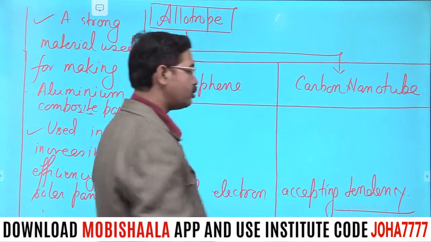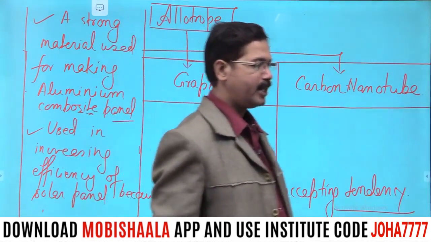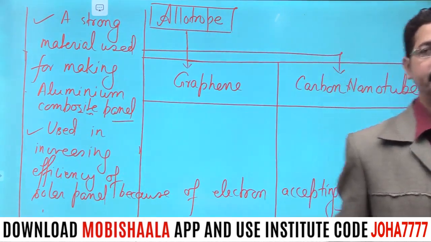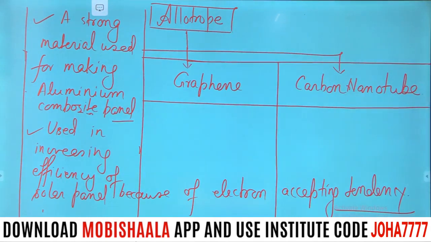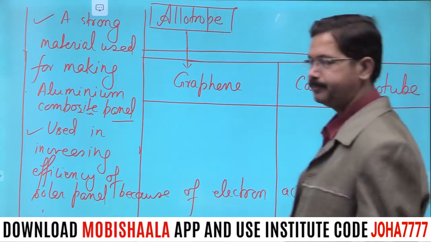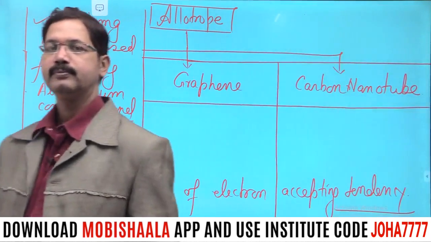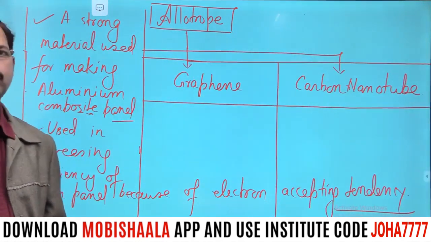It has the capacity to accept electrons, and because of this tendency, it is used for making efficient solar panels. So it is very useful.